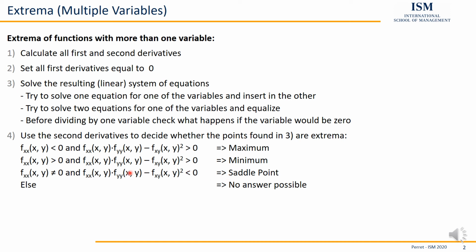If either of these two expressions becomes 0, it's not possible to say anything at this point. So you might get a ridge, which is all maxima, or a trench, which is all minima. So you don't have a clear maximum, minimum, or even a saddle point.